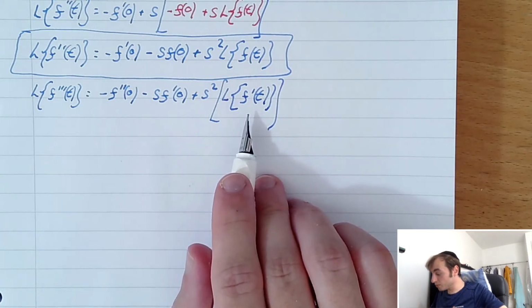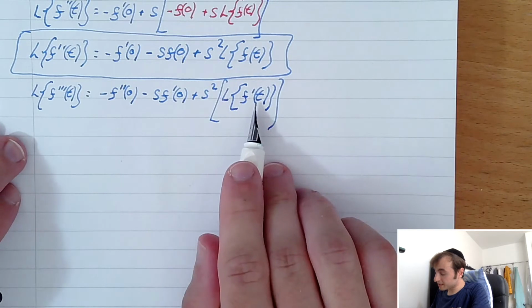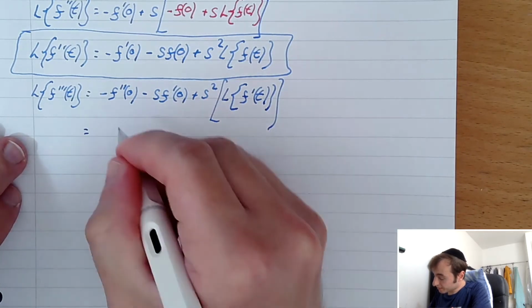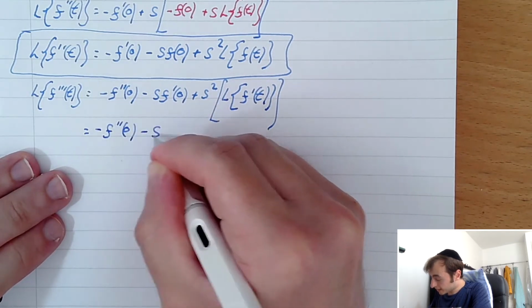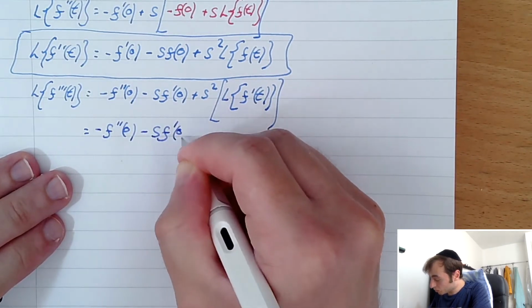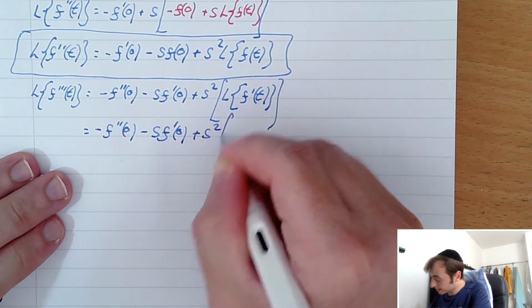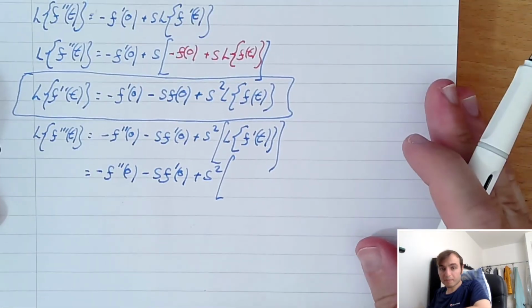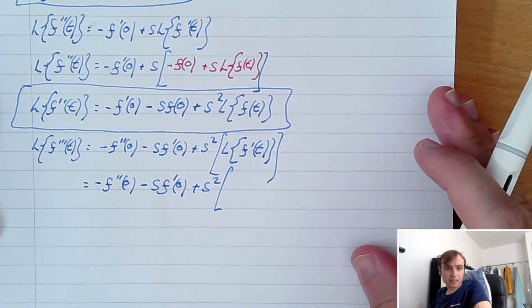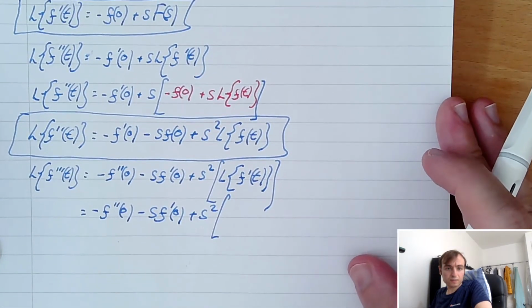And we know what the Laplace transform of f prime t is. So let's substitute. So we've got minus f double prime naught minus s f prime naught plus s squared times the Laplace transform of f prime t. Let me go back down so you can see f prime t. There we go.